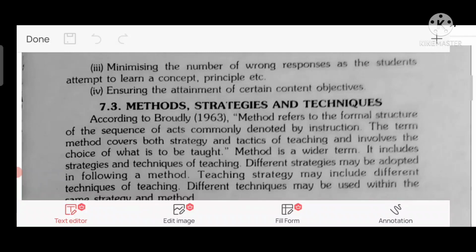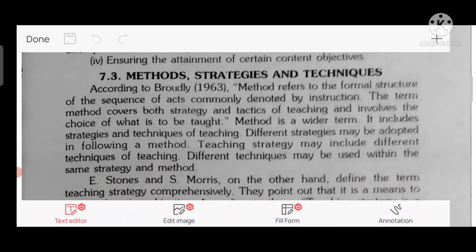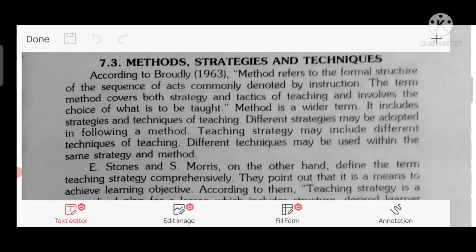After that, the difference between method, strategies and techniques. According to Professor Broadley, methods refer to the formal structure of the sequence of acts commonly denoted by instruction.